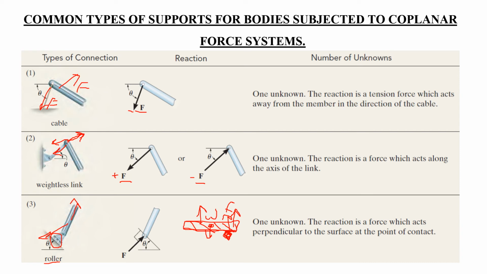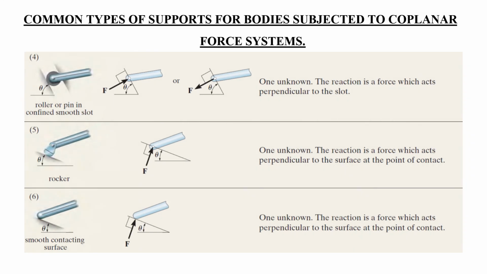You can see that this is exactly opposite of the cable. So when you apply a force there, this roller has a reaction in this direction. What if you have another support, another sort of rail, in which this roller can neither move here or here, but it can freely move in these directions?